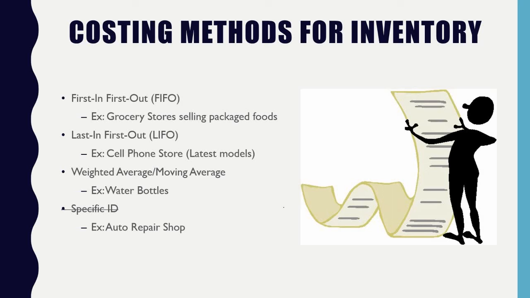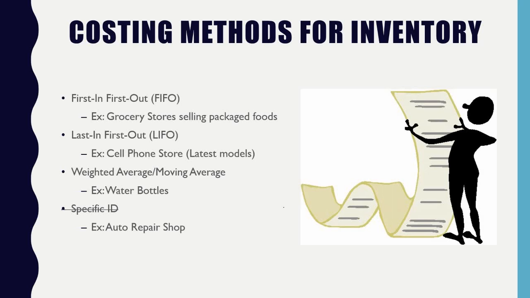Lastly, weighted average. Weighted average is where you don't really care about the cost of each product, because in the end, you're going to calculate them all together and spread the cost evenly out. An example would be water bottles, right? Water bottles are a necessity.